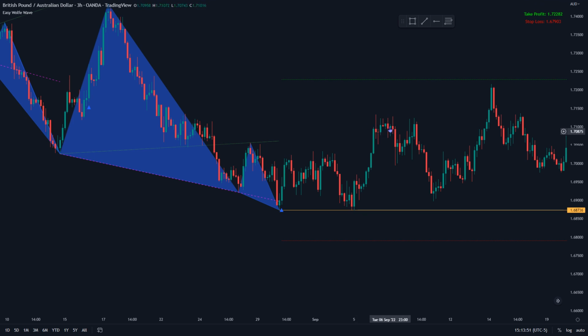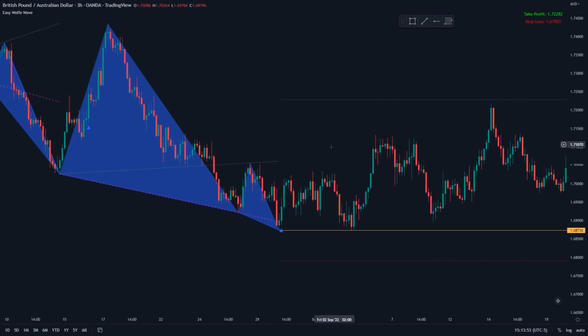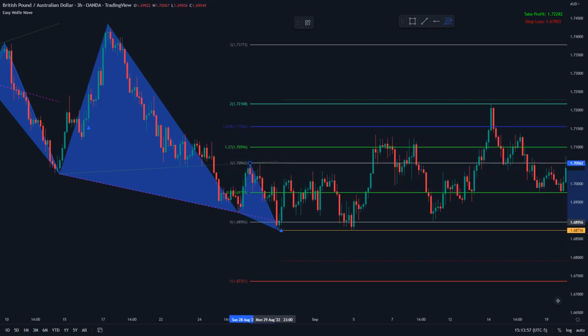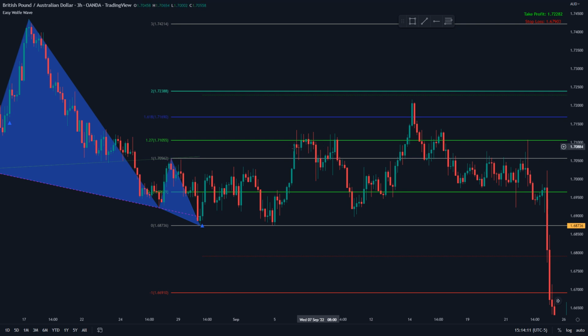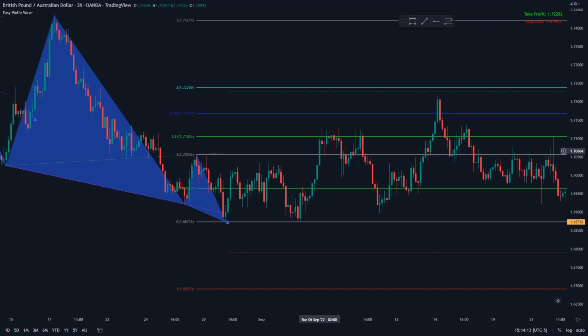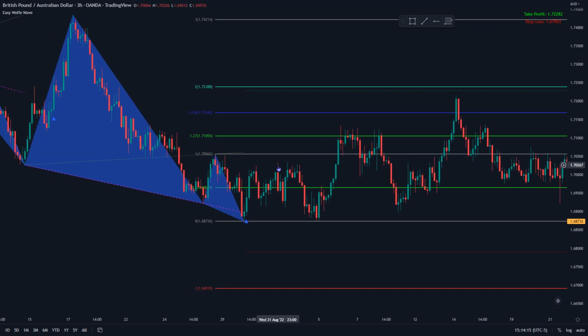But there's still lots of room to the upside in this one, right? So as price comes back down here, it hasn't hit yet the 1.68, the second standard deviation, and all that. So there's still some bias for upside, right?